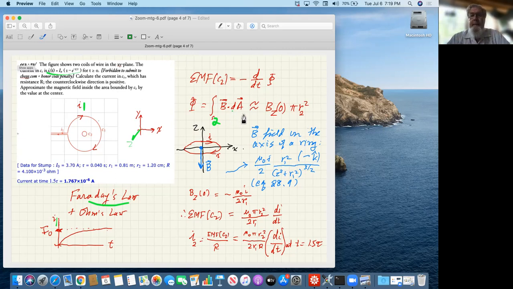So dA is k hat times the area. Now, the area of that little disk is pi R2 squared. So I have Bz at 0, pi R2 squared. And it's an approximation, but it's a good approximation as long as R2 is small compared to R1. And in the problem, R1 is 0.8 meters, R2 is only 1 centimeter. So indeed, R2 is much less than R1. So this is a good approximation.